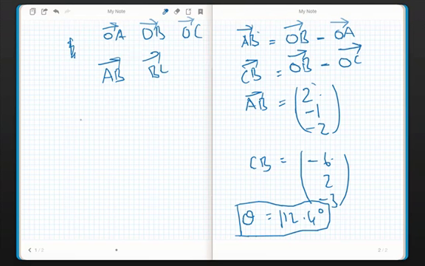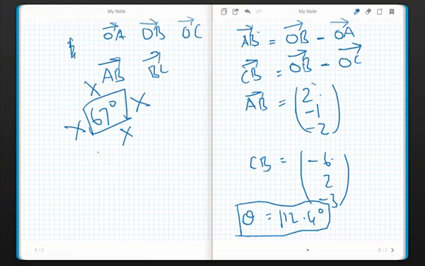I think you would have gotten 67 degrees. If I'm not mistaken, you can check that. It may be wrong. But you would have gotten another angle, and this is completely wrong. So make sure you get the correct directions.